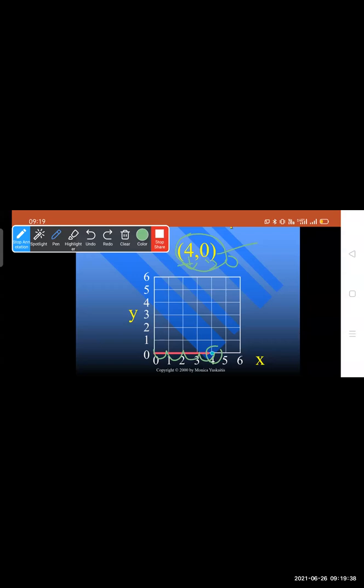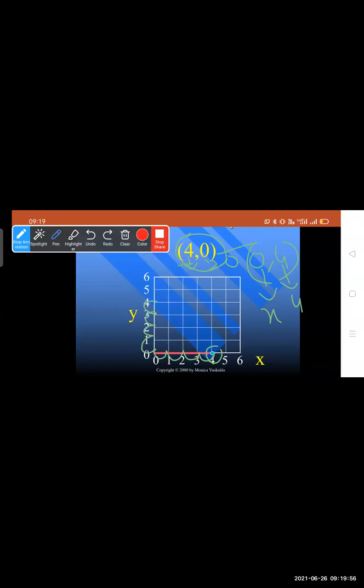Vice versa, if we have the value 0 comma 4, then the x value is 0 and the y value is 4. So we plot this coordinate on the y-axis: 1, 2, 3, 4. Our point is here, that is 0 comma 4. And if you plot here, it is 4 comma 0.